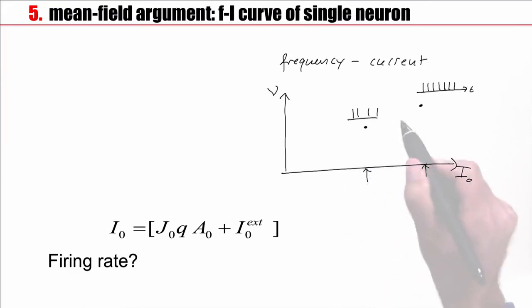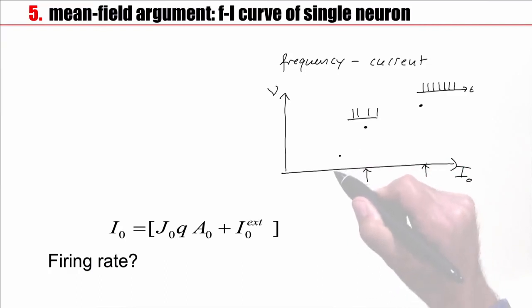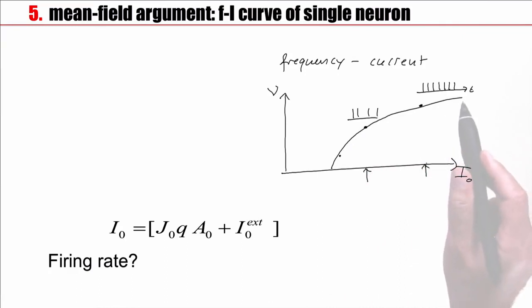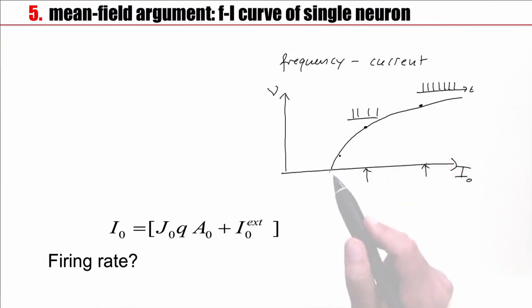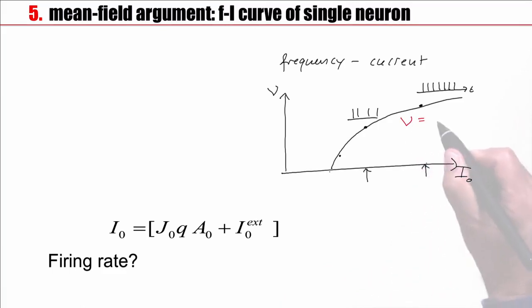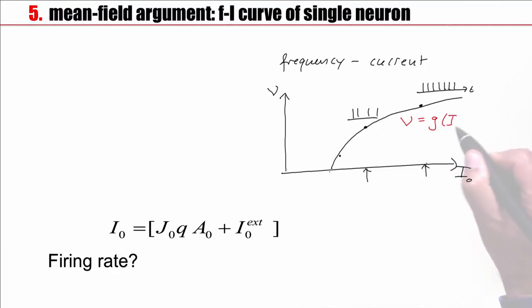So the frequency will look something like this. The frequency is high for high input, it's low for low input. And this is my function frequency as a function of input. Nu is a function of the input.